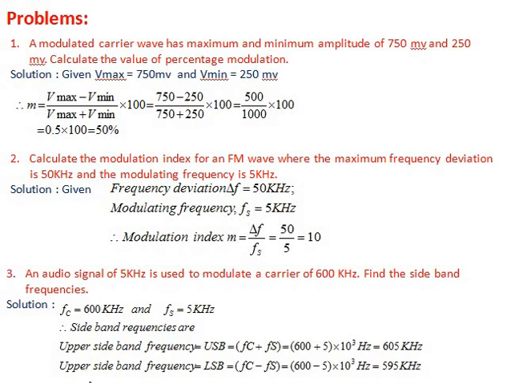Then next, the lower sideband frequency LSB is equal to fc minus fs, equal to 600 minus 5 kilohertz, that is 595 kilohertz. So this is the upper sideband frequency, this is the lower sideband frequency.